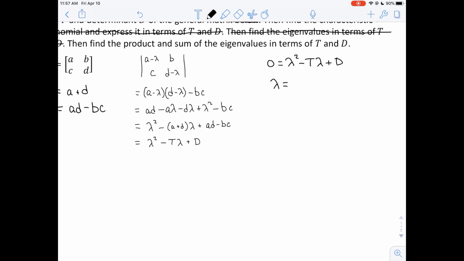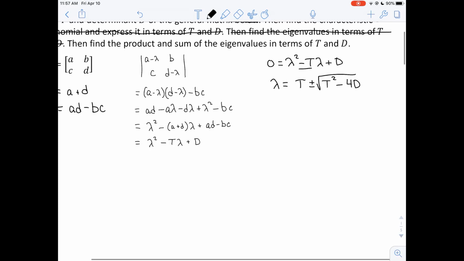So we do the negative of this coefficient, so that's just going to be the trace, plus or minus. And then we square the trace, so it'd be t squared, minus 4 times a, which is the leading coefficient, right? 4 times 1 times d, so just minus 4d. This is inside the square root.